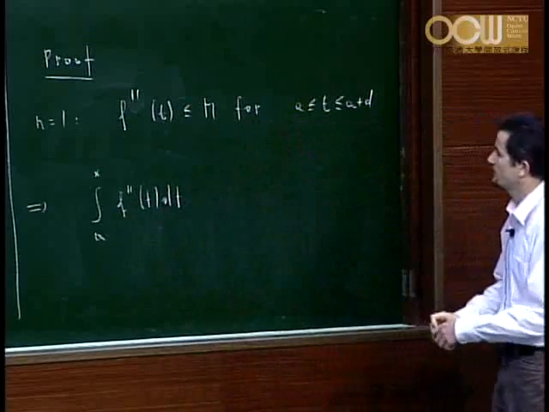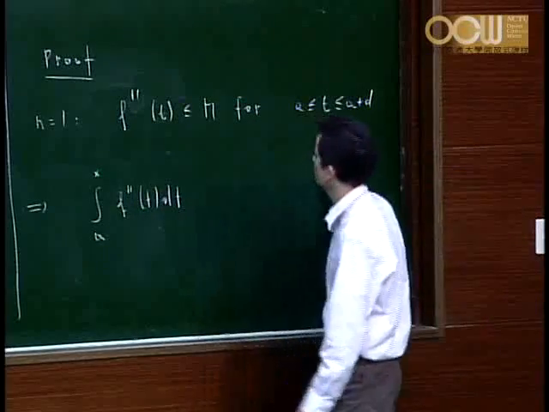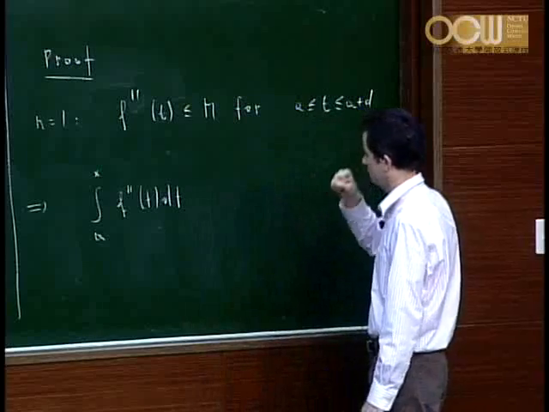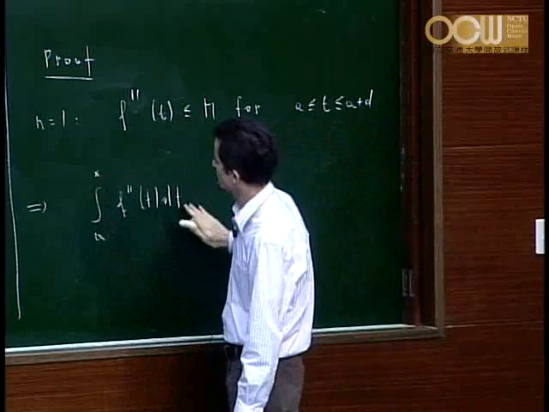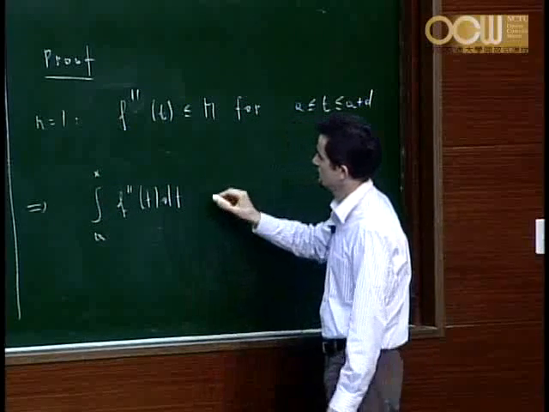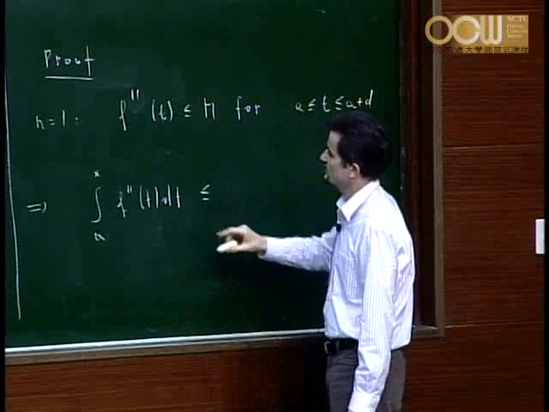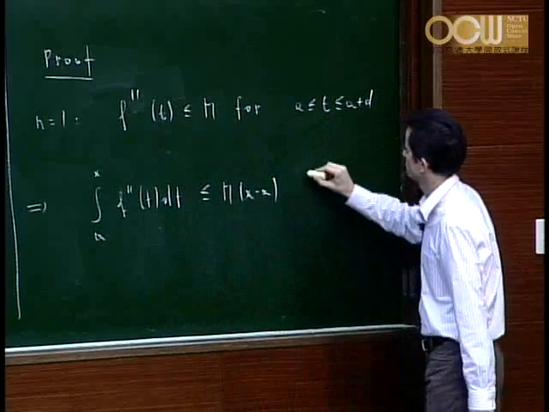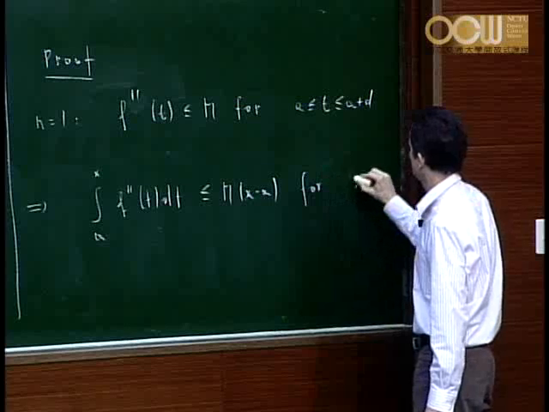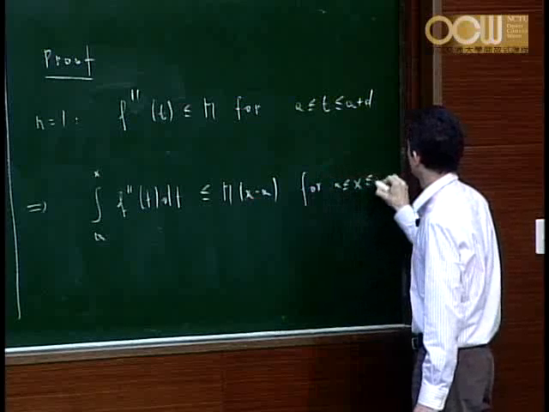Now I need to assume that I'm in this case here, because x is larger or equal than a, so this integral here is not negative. So I can estimate everything. I estimate this by M here, and I get this estimate, and this holds for x between a and a plus d.